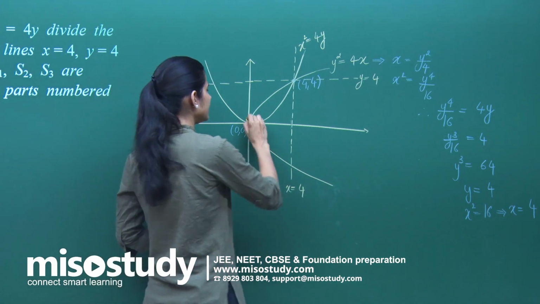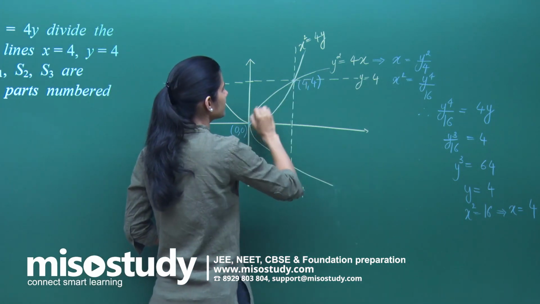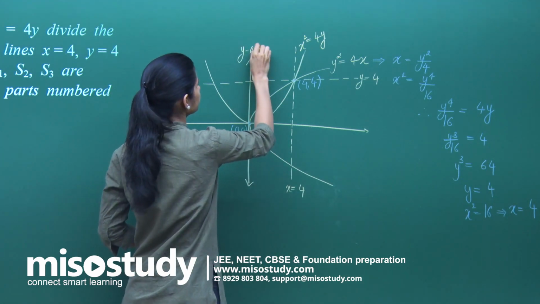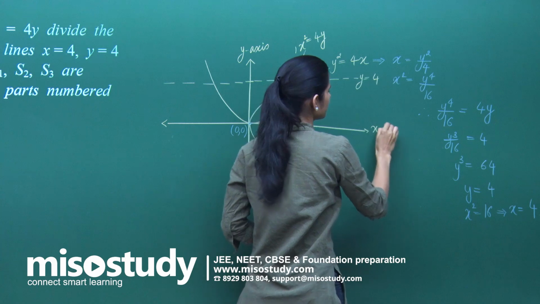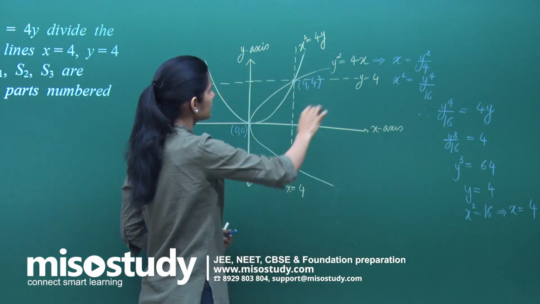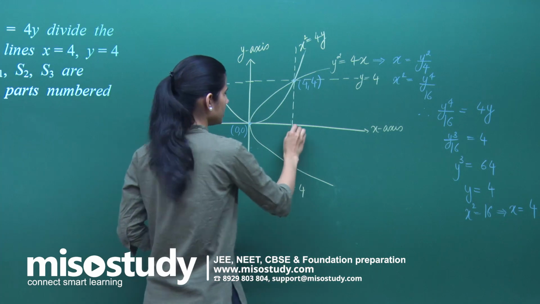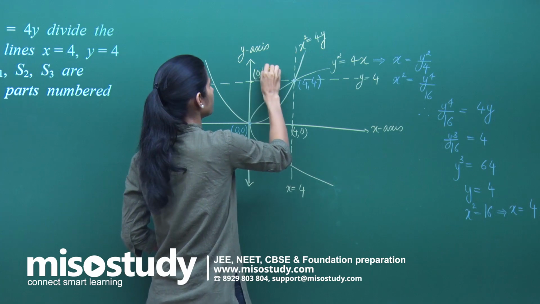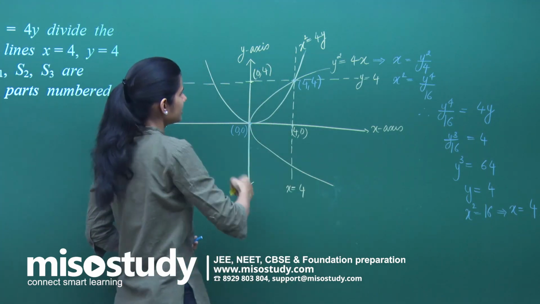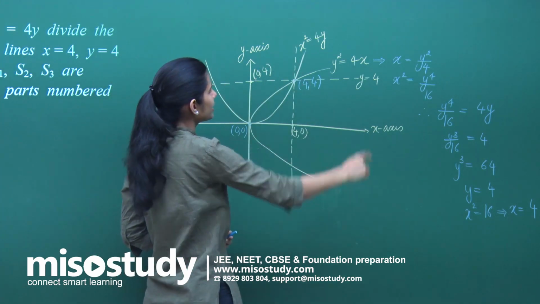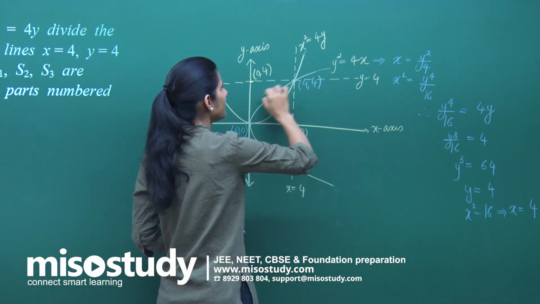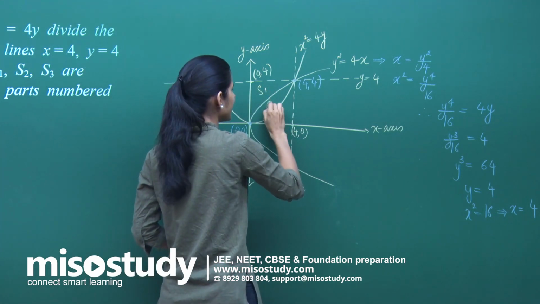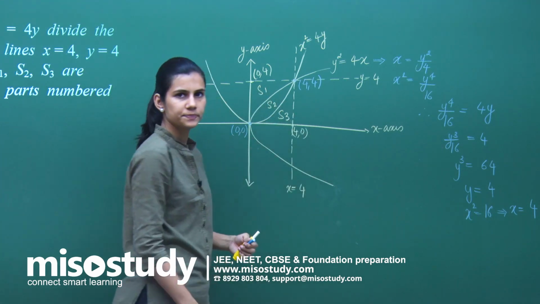You can clearly see that these two parabolas are dividing this square which is created by y-axis, x-axis, the line y equals 4 and the line x equals 4. This is the 4, 0 point, and this point is 0, 4. So these four lines, the y-axis, x-axis, x equals 4 and y equals 4. This region made by both the parabolas is dividing this square into three parts. From top to bottom I have to name it as S1, S2 and S3.